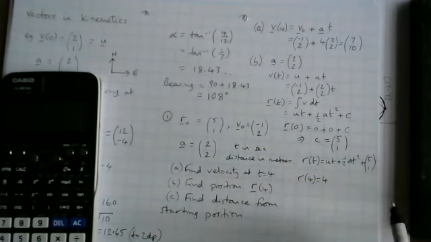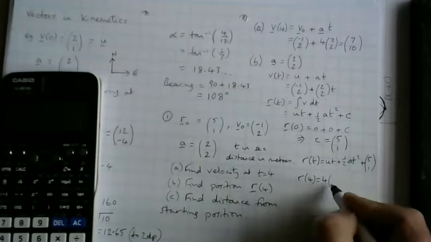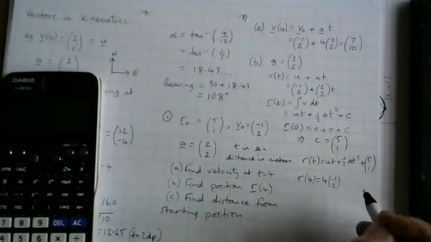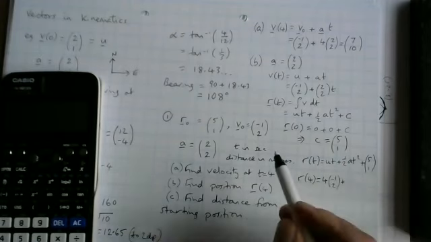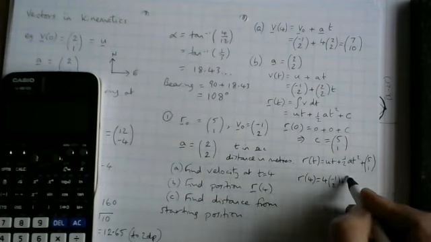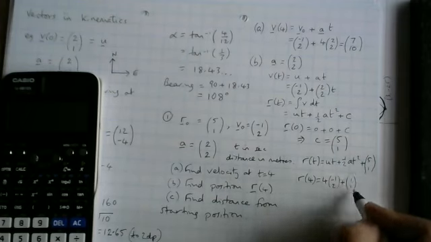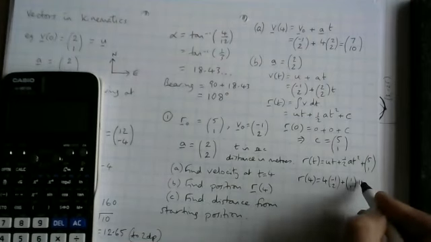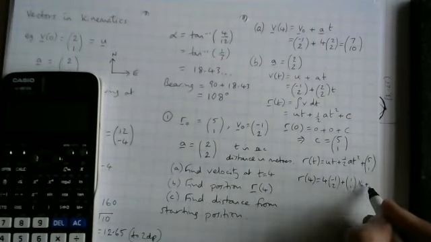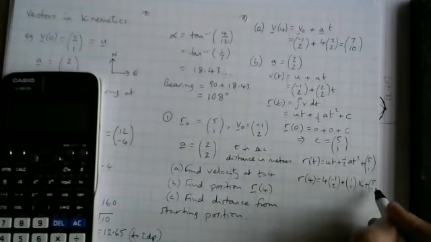What was u? Minus 1, 2. Plus a half times a. a is 2, 2. So a half times a is 1, 1. Times t squared, 16. Plus 5, 1.